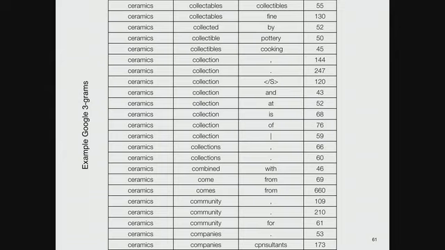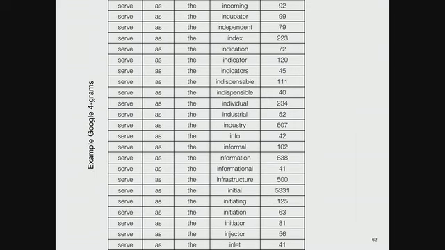"Ceramics comes from" occurred 660 times, which is a reasonably large number compared to some of its competitors here. If you look at 4-grams, you see things like "serve as the incoming" 92 times, "serve as the index" 223 times, "serve as the initial" 5,300 times.